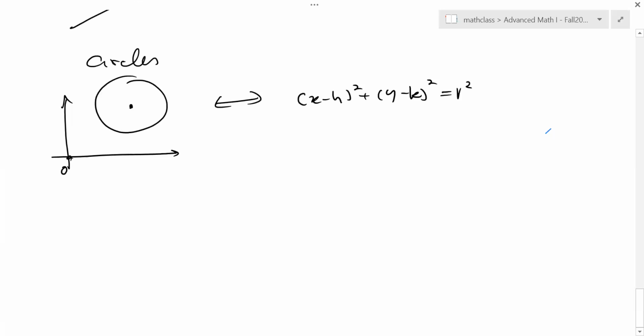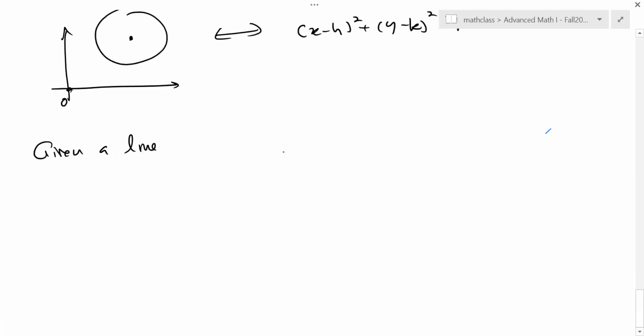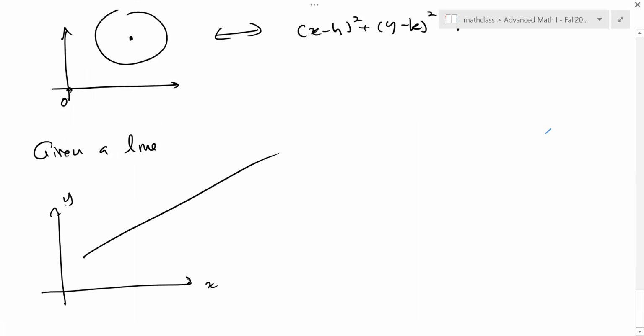Right? So for a line, given a line, how do you describe it? First of all, you choose the coordinate system. Okay. Then an arbitrary point x and y, right?